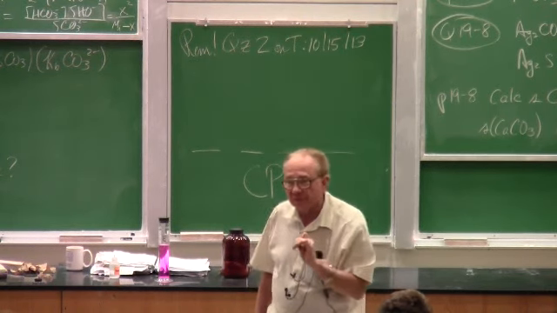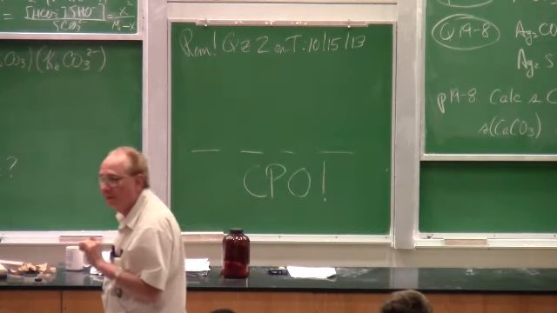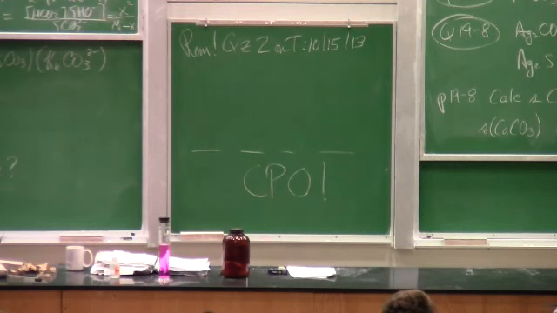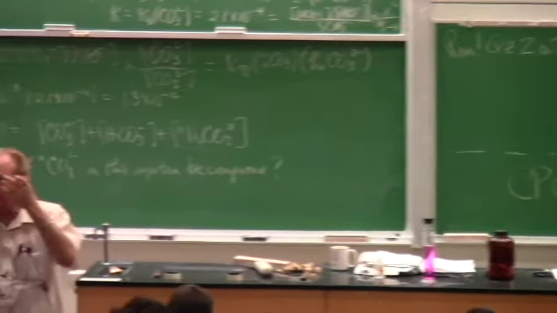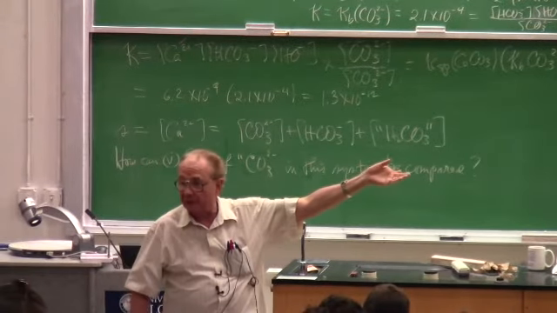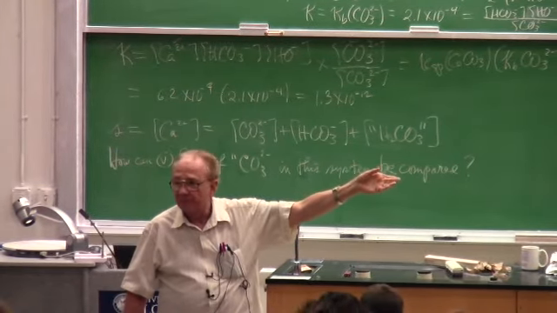Now how do I get the H2CO3 in there? How about Ka for HCO3? How about Kb for HCO3 minus? Let me get this right. How about Kb for HCO3 minus? How about Ka for H2CO3? Because Ka for H2CO3 allows me to compare the equilibrium molarities of H2CO3, quote unquote, to carbonate and bicarbonate.